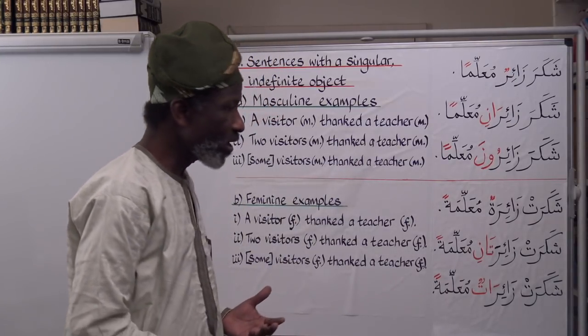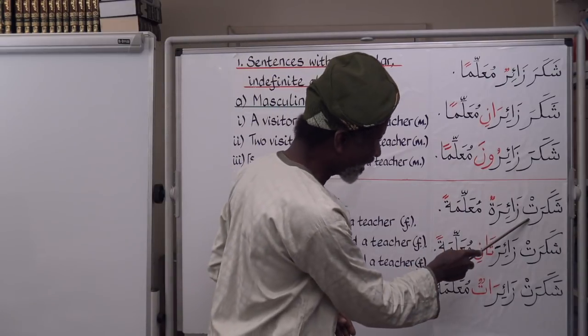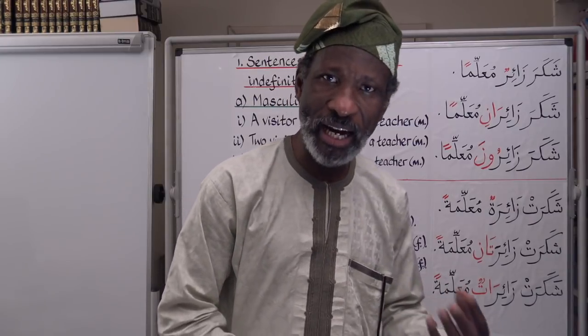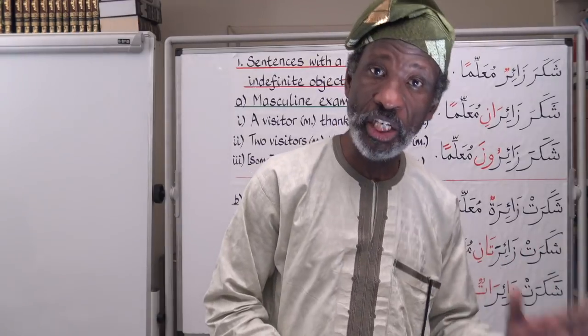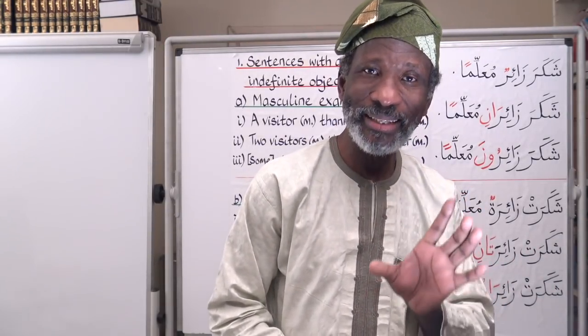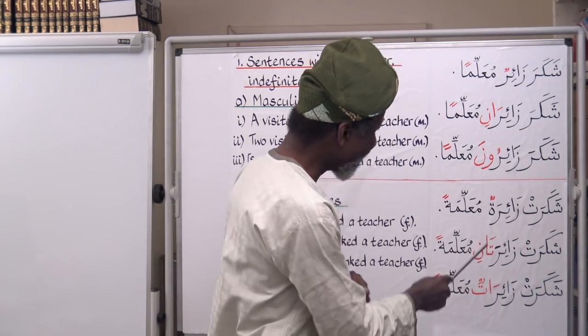Now, if you look at the feminine equivalent, it is this one. Shakarat Zairatun Muallimatan. Now conjugation, we know we convert he did something to she did by adding simply ta maftuha with sukun. Shakarat Zairatun.